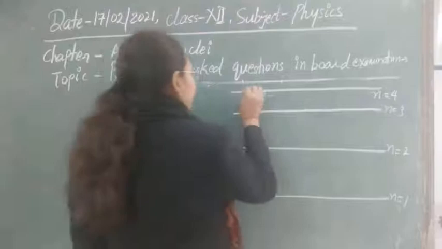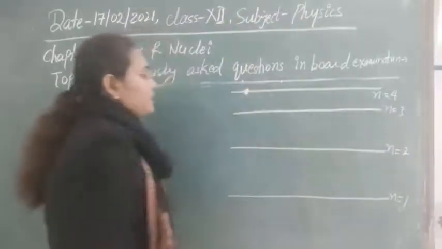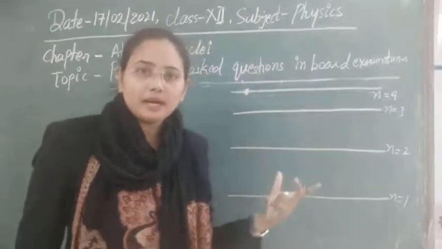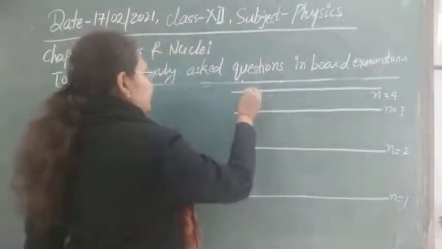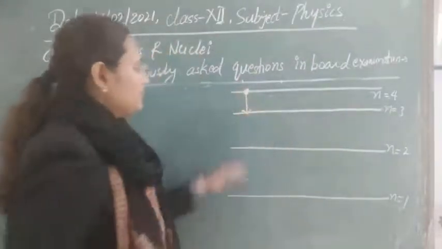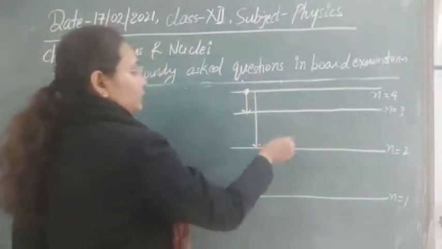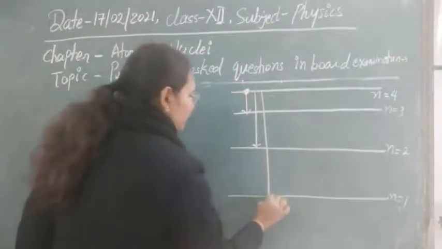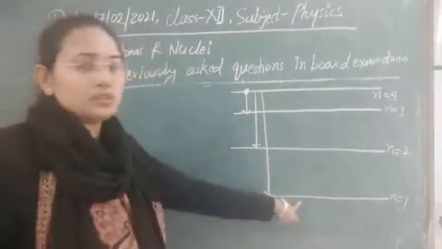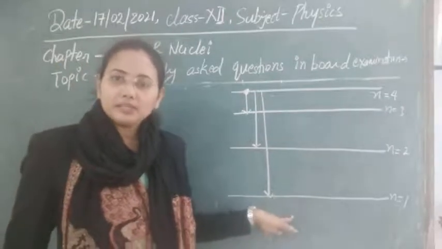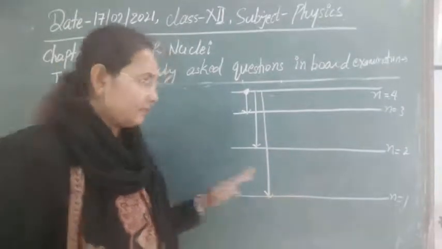So if the electron is in the n is equal to 4 state, then this electron can adopt so many paths here. First, it can come from n is equal to 4 to 3. It can come from n is equal to 4 to 2. It can come from n is equal to 4 directly to n is equal to 1. Its final destination is n is equal to 1, but it can adopt so many paths here.